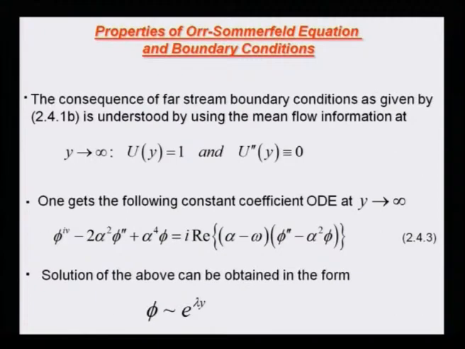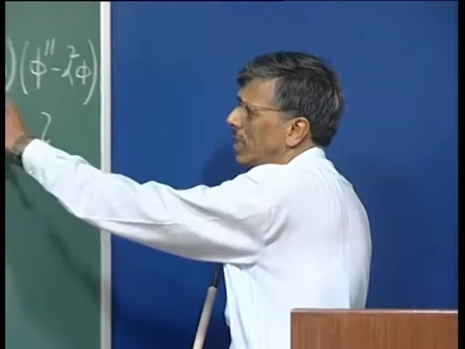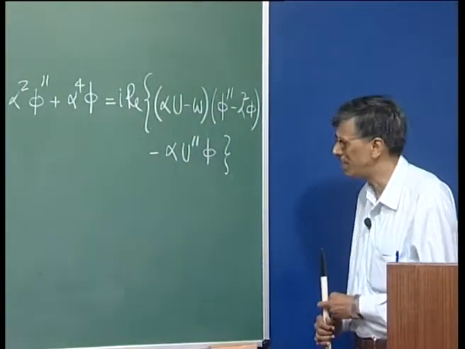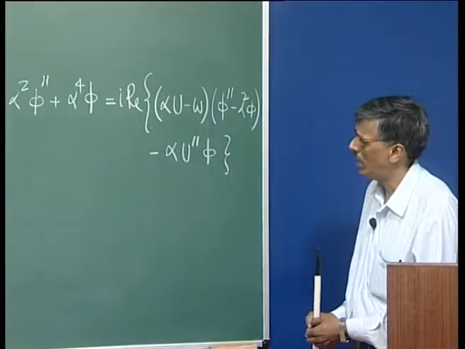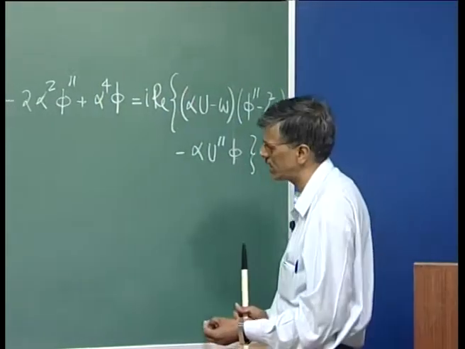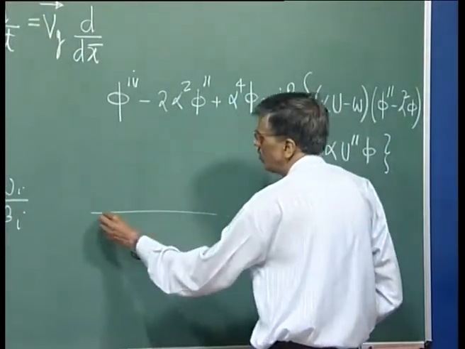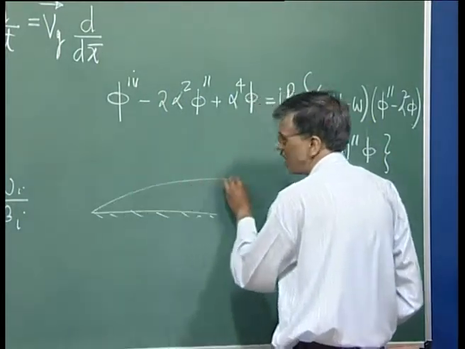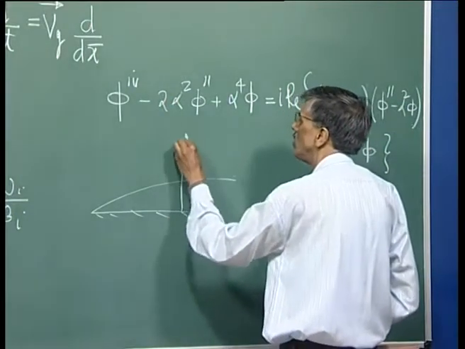Now, we also see that in this equation the source of difficulty is that u and u double prime are going to be functions of height from the wall. However, let us look at flow over a flat surface with a sharp leading edge, a boundary layer forming like this, and if I go along this.